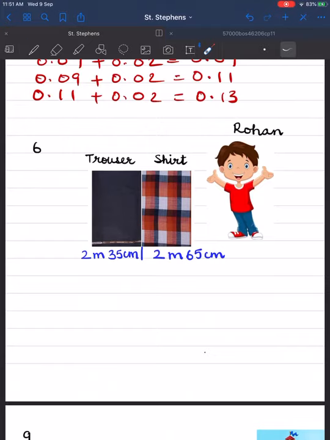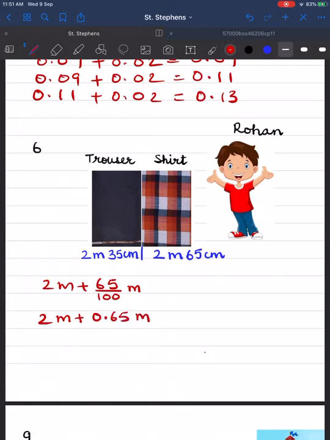So first let's convert meter and centimeters into meters using decimals. So here we have 2 meter plus 65 upon 100 meters. So we get 2 meters plus 0.65 meters. So we get here 2.65 meters.